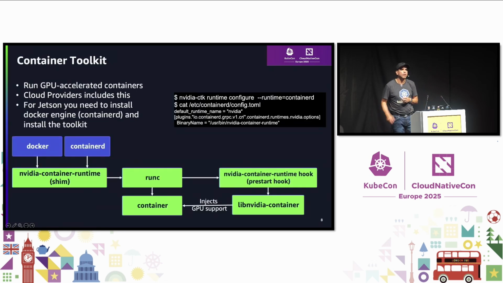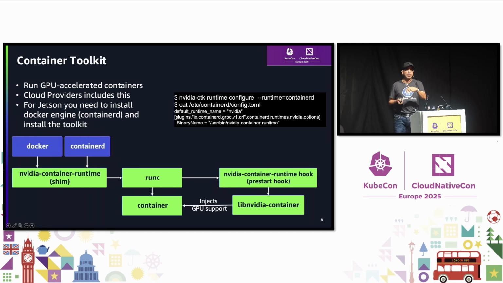So let's start with the container toolkit, going deeper on how these actually work. The container toolkit is something that you install in the operating system, or you can install it with a daemonset, for example. A lot of these things that you work on in the operating system are usually done through a pod that has privileged access to the node so that you can change the configuration of containerd or Docker.